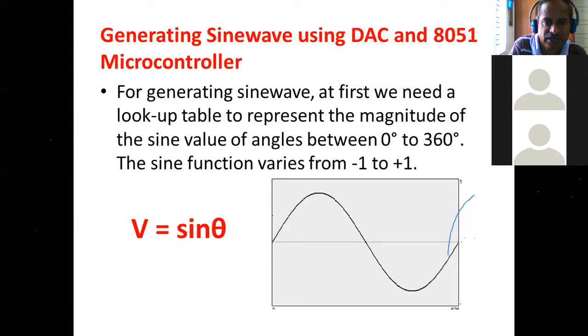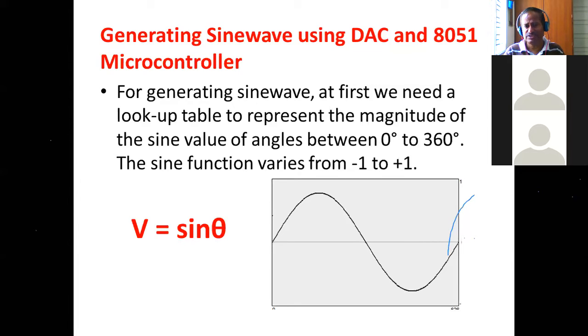If theta is equal to 360, again sine 360 is 0. So we can get output voltage V, value of V for different values of theta.